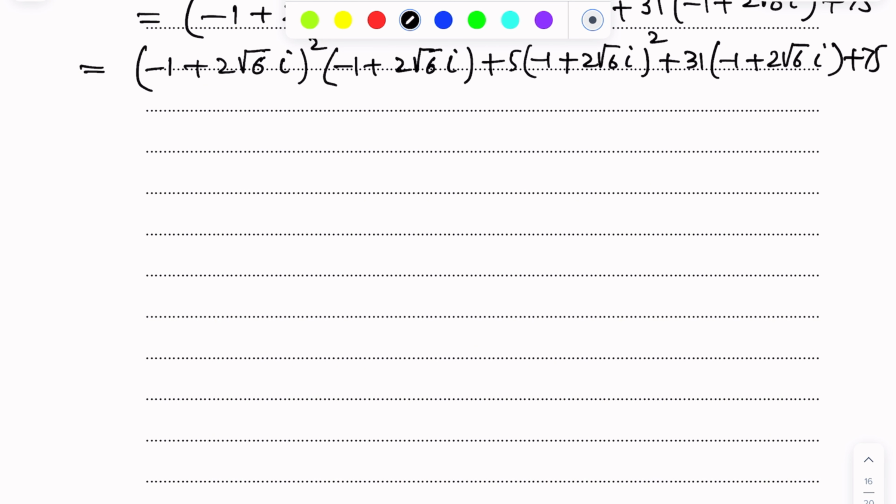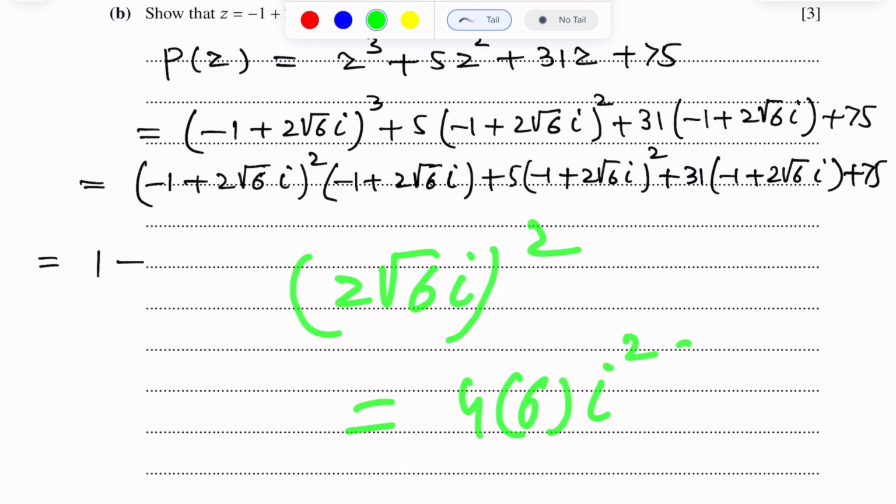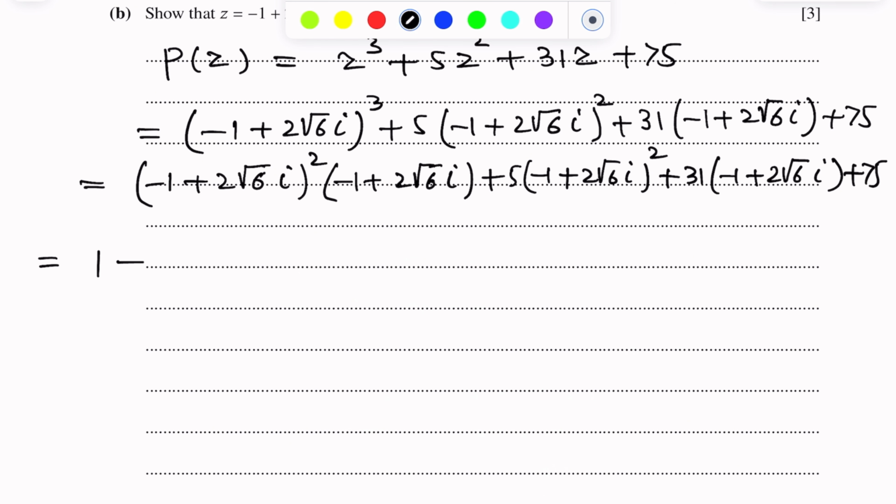Using the identity we get: minus 1 squared is 1, and the square of 2 under root 6 iota is 4 into 6 into iota squared. Iota squared is negative 1, so we get minus 24. We write 1 minus 24 minus 2ab, which means 4 under root 6 iota. We have expanded this using the identity.